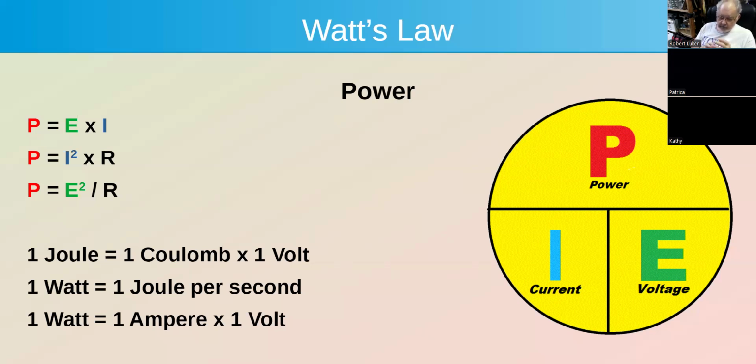And if you go through the algebra and substitute Ohm's law, you can get it in the other two forms where it's equal to the current squared times the resistance, or the voltage squared divided by the resistance.